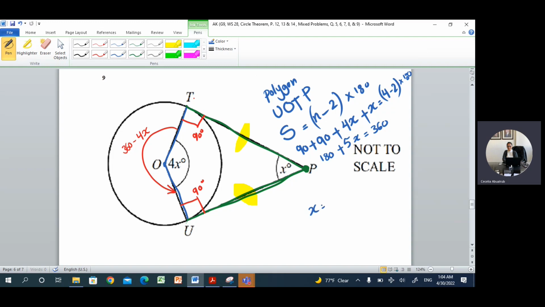So x is equal to 360 minus 180 divided by the coefficient of x, which is 5. Accordingly, x is equal to 36 degrees. So this angle is 36 and this angle is 4 times 36, which is equal to 144 degrees.